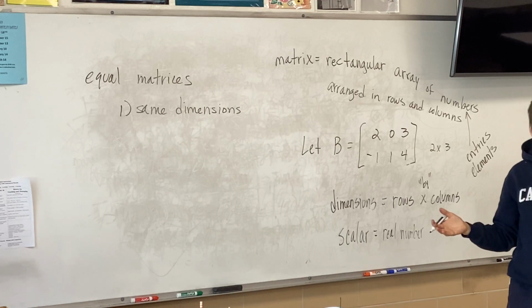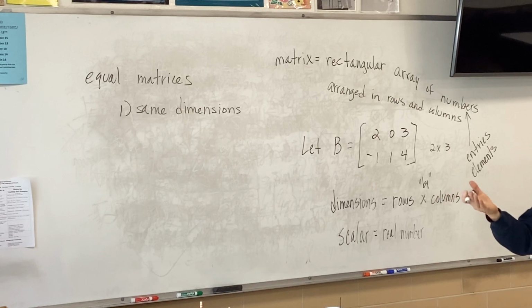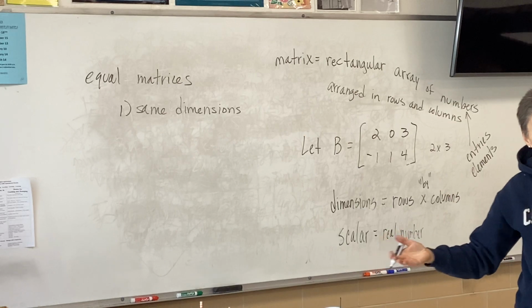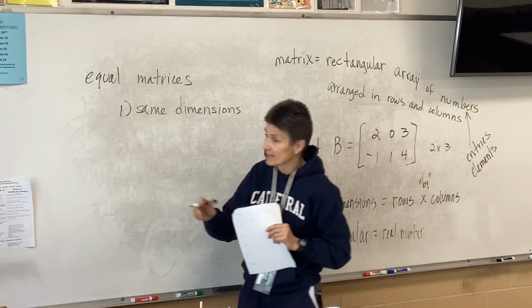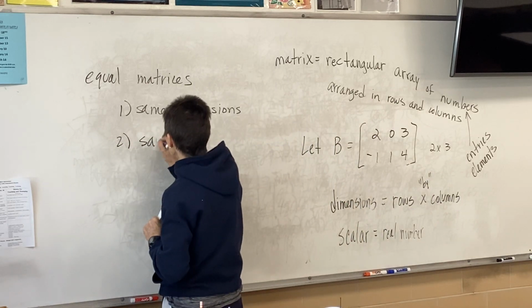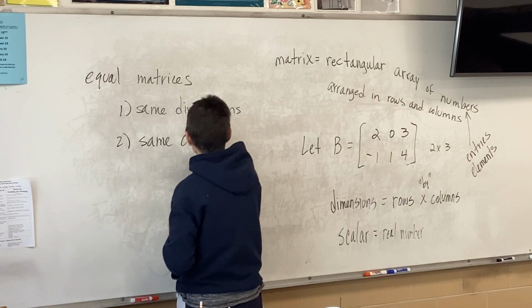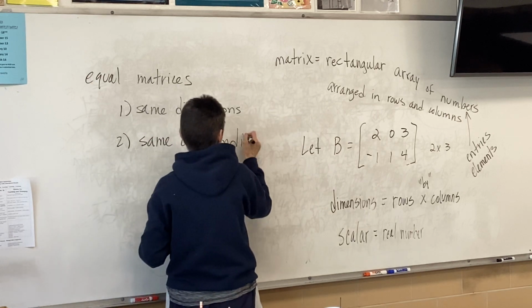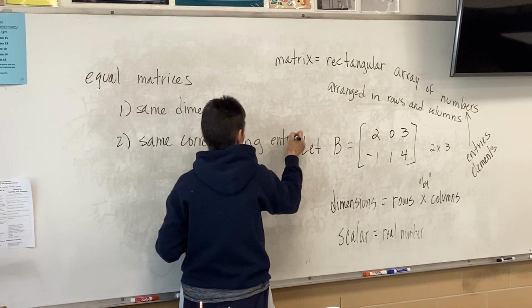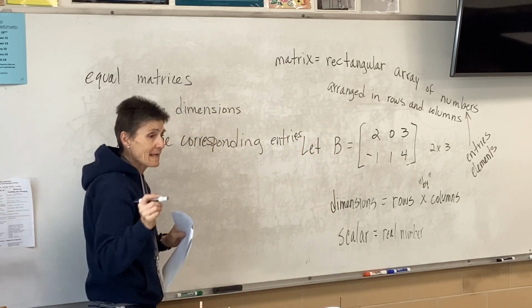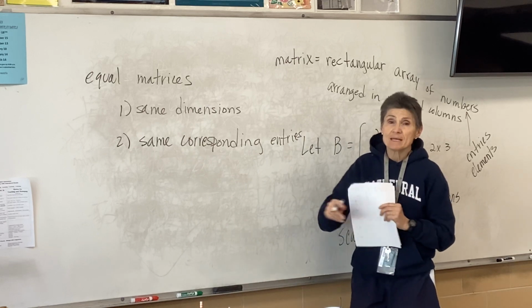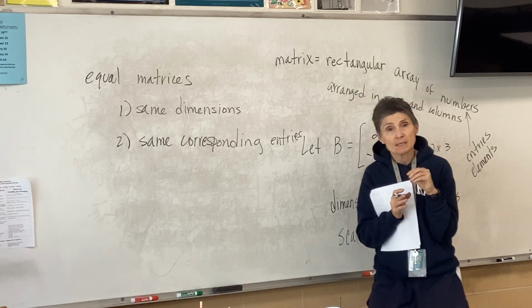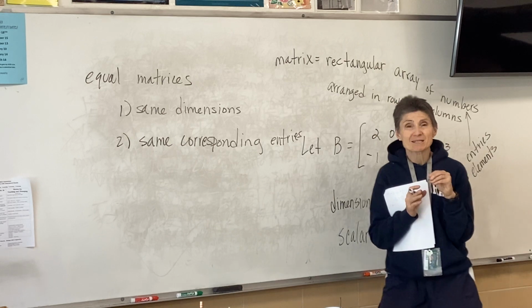They don't have to be square, but the two that are equal will be the same size. So 2 by 5 equals 2 by 5. But more than that, not only are they the same size, but they have to have the same corresponding entries. What does that mean, the same corresponding entries? It means you have the same numbers in the same spots.